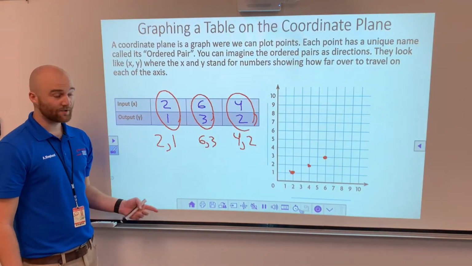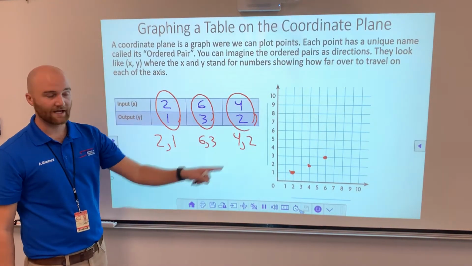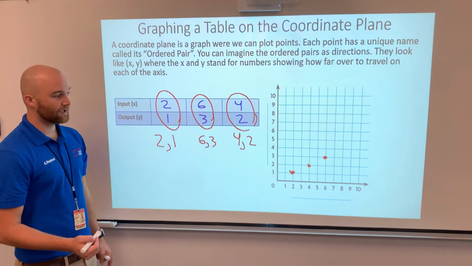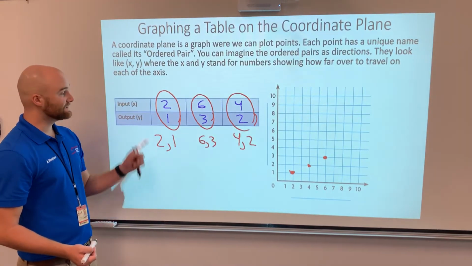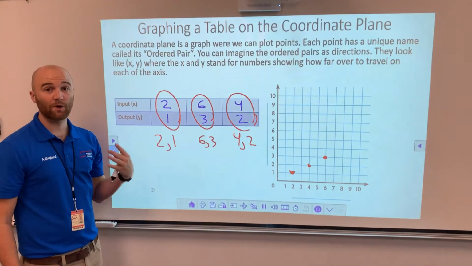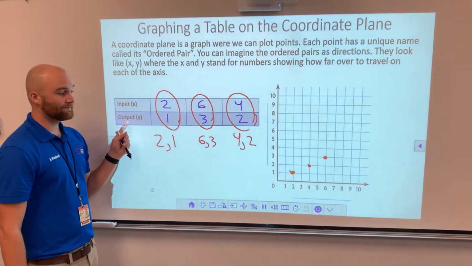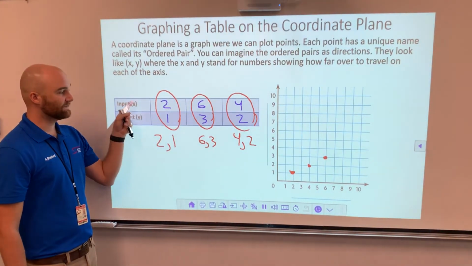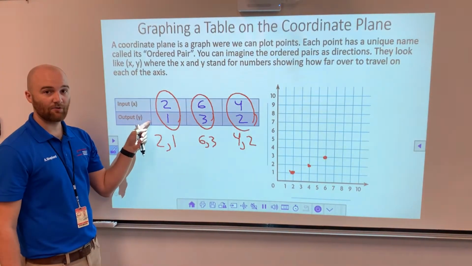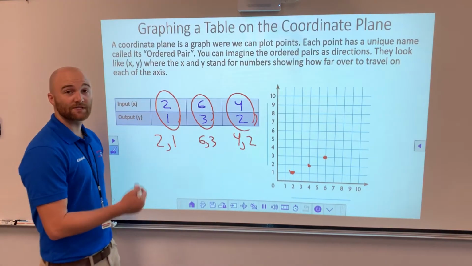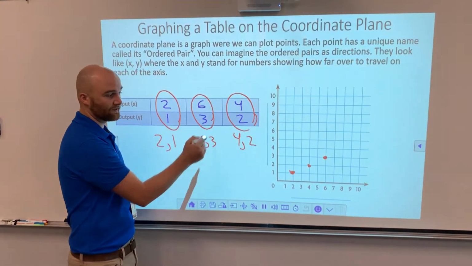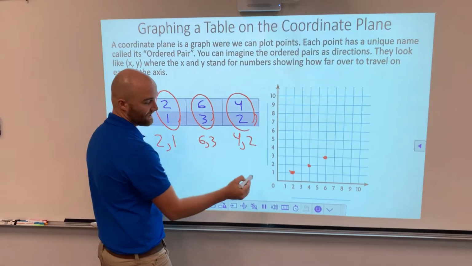All right, I hope you noticed that if I look at my dots, I could draw a line through there. That's because this table happens to follow a rule. The rule for this table is my input divided by 2 gives us our output. So if it follows the same rule for every single one of them, then I can draw a straight line through.